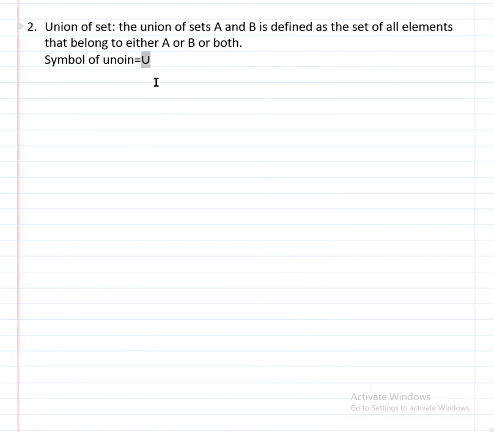This is the symbol of union. It looks like U, like the universal set U. So let's copy that so that we'll use it very well. So let us look at examples, then we solve one or two questions under it.